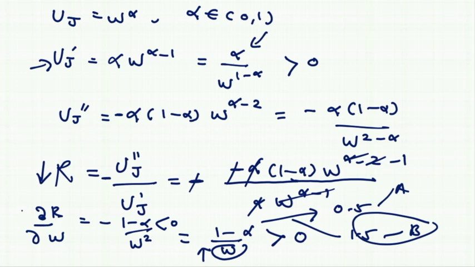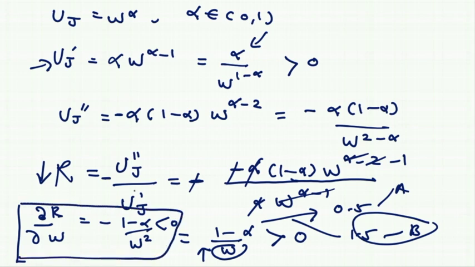It varies with the level of wealth. How do we know? Because as you can see here, R that we found earlier is (1 minus alpha) over W. W is here, so R depends on W.